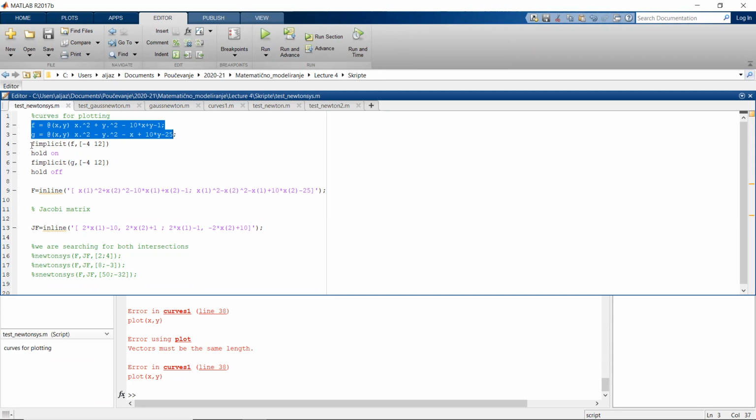This is for drawing implicit functions. There is a function fimplicit in MATLAB, and I would only like to remark that this fimplicit doesn't work in Octave. If you try to use this in Octave, it's not implemented yet. So we run this example.